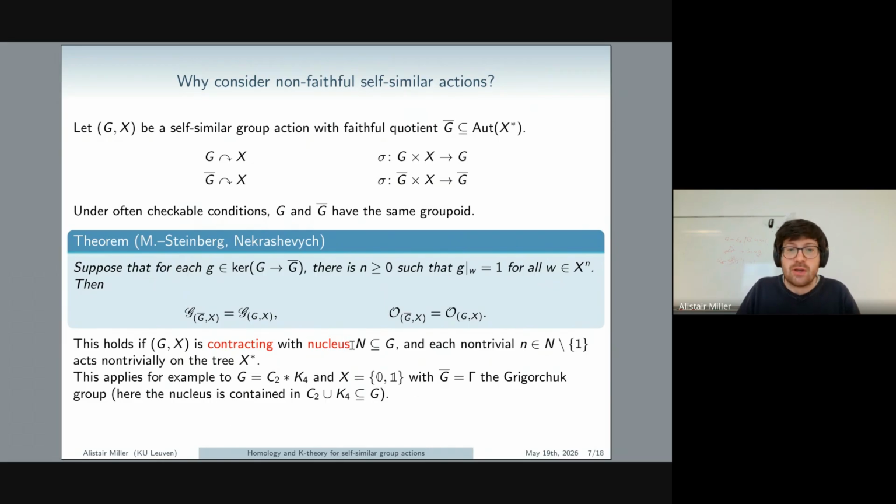What this is saying is that you only have to check this condition now for the non-trivial elements basically in this nucleus. So in our example just now, we know that each of the generators acts non-trivially, and therefore it satisfies this condition.